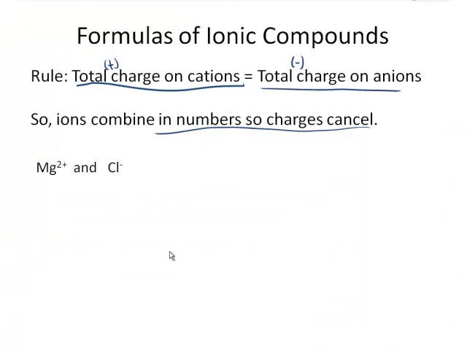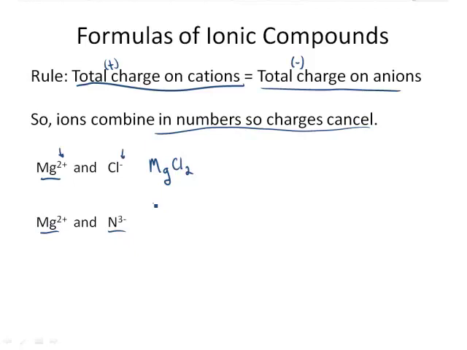Okay, so let's look at some examples. What we would expect for magnesium 2 plus and Cl minus is, for each magnesium that has a 2 plus charge, you're going to need 2 chlorides because they have a -1 charge each. So it's MgCl2. Mg2 plus and N3 minus, which is nitride ion. To get these to have the same charge, you need a common denominator of 6.